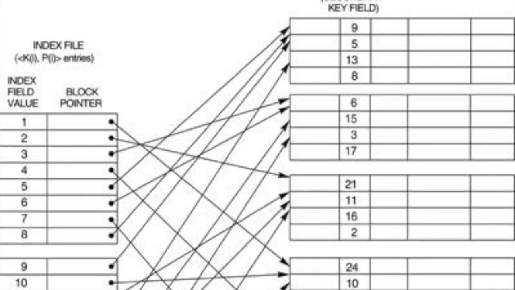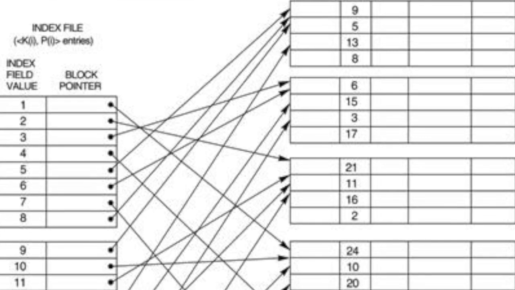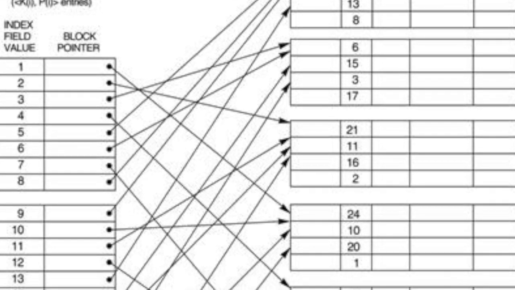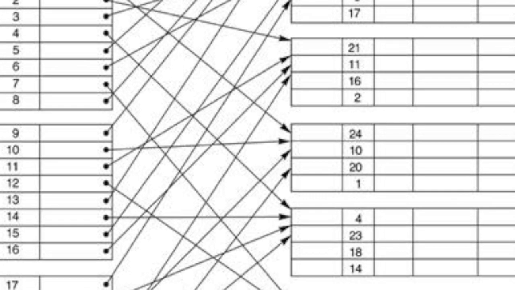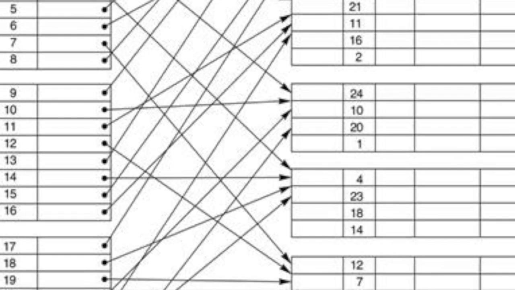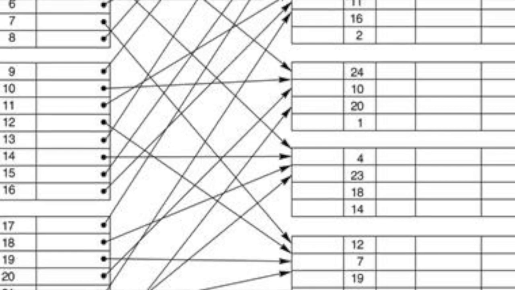But there's an additional file appended to it that works with it. It's an index, a small random access file with pointers to the different records in the sequential part of the file. So you're really getting the best of both worlds. You can treat it as if it's a sequential file, or as if it was a random access file, and that's index sequential.